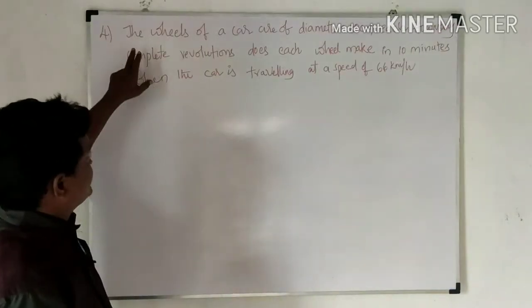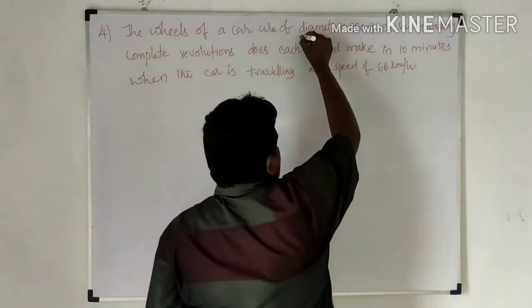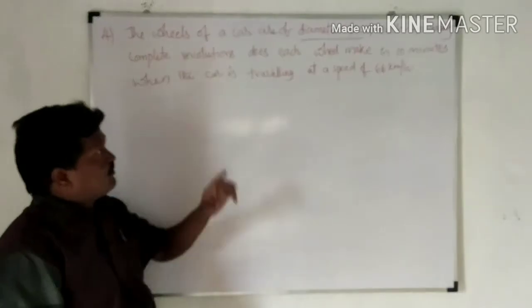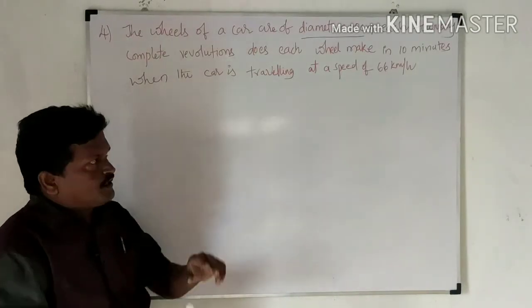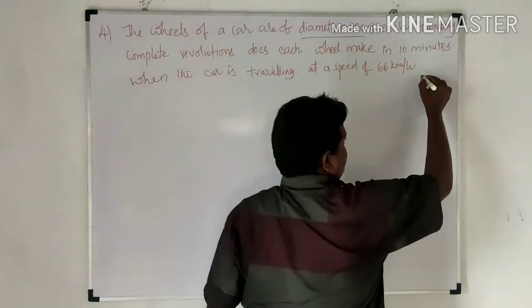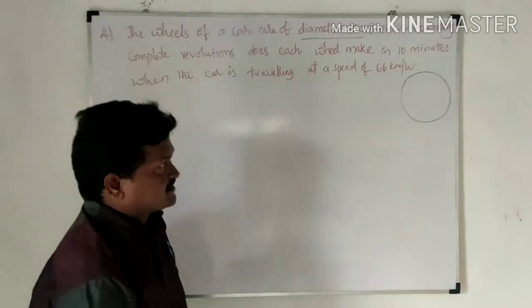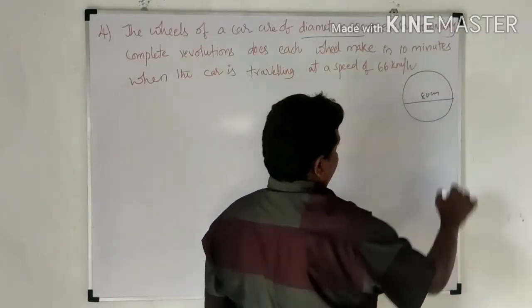Okay. So see that the wheels of a car are of diameter 80 centimeters. Here it is given that the diameter of the wheel of a car, which is in the shape of a circle, is 80 centimeters.